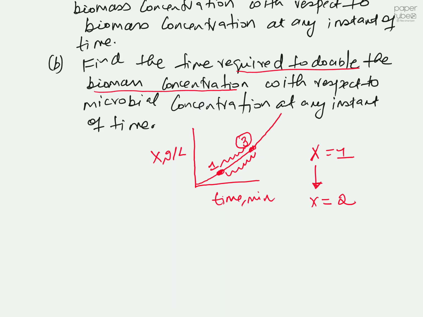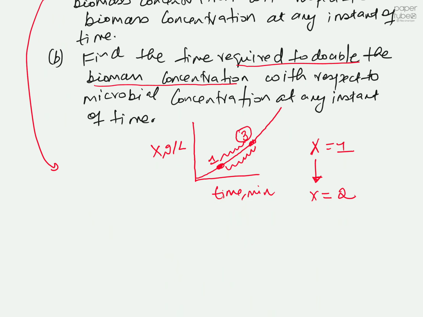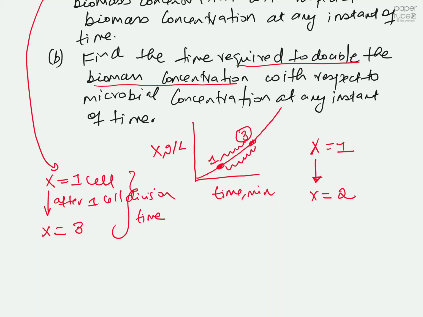For this problem A, if you start with one cell, after one cell division your microbial concentration will be equal to 3, and we need to calculate the cell generation time between each cell division.